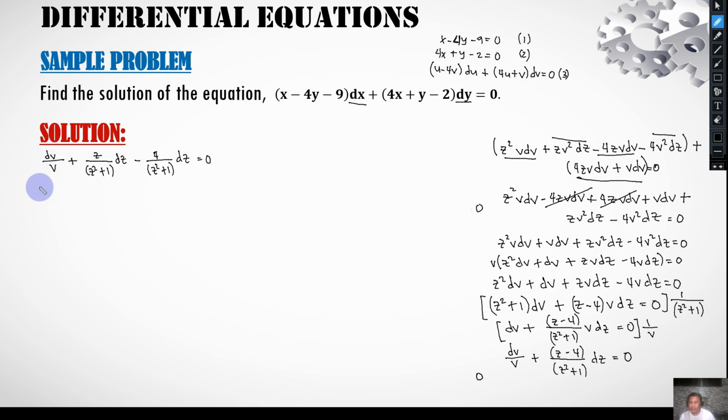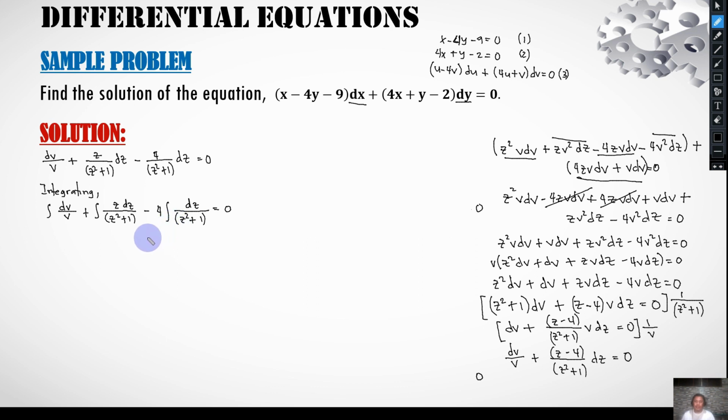So integrating, we have the integral of dv over v plus the integral of z dz over z squared plus 1, and we also have minus 4, taking the constant out of the integral, times the integral of dz over z squared plus 1, and this is just equal to 0.